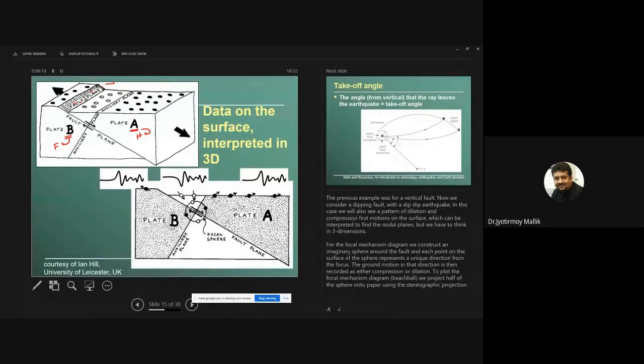So you can imagine that this part of the footwall is moving up and the hanging wall is moving down like this, according to these black arrows that I have just pointed. Now here is my wall rock, and here is also my wall rock.